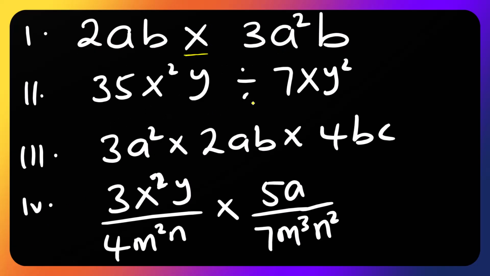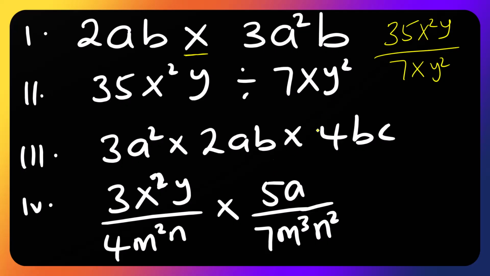Now let's look at the second one. This one is division, so we write it as a fraction: 35x squared y on 7x y squared.